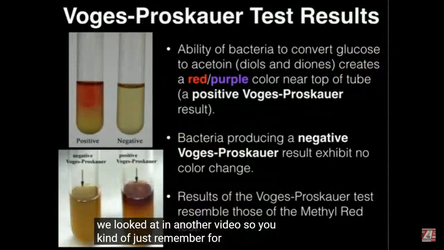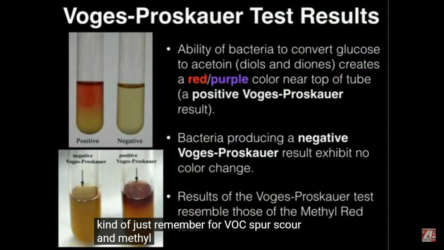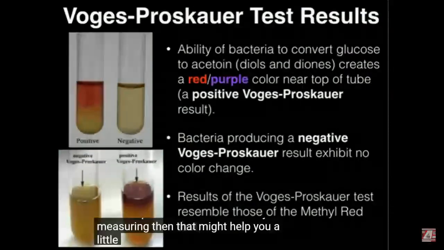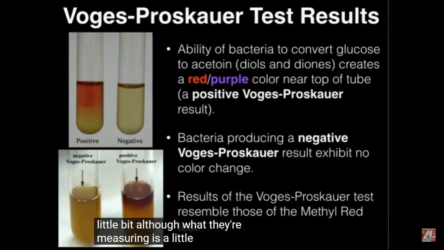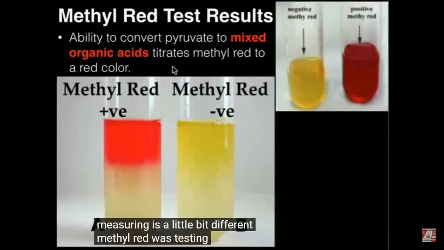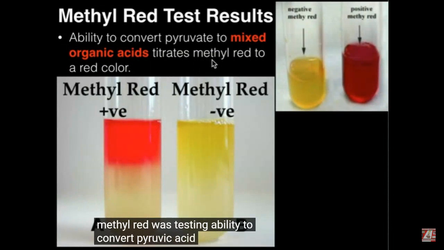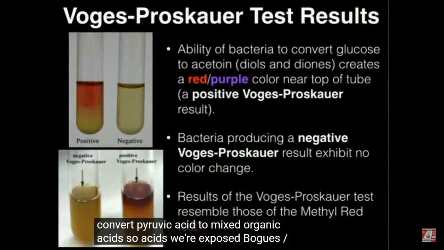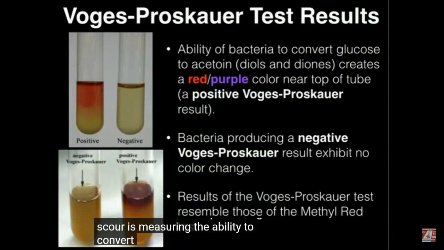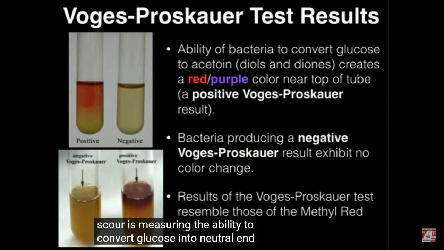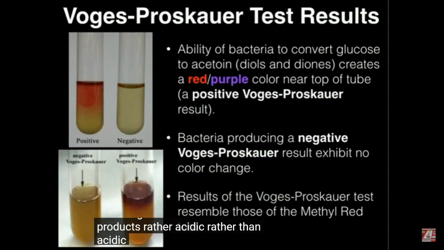So if you just remember for Voges-Proskauer and methyl red, you want to see a red color for positive for whatever they're measuring, then that might help you a little bit. Although what they're measuring is a little different. Methyl red was testing the ability to convert pyruvic acid to mixed organic acids, so acids, whereas Voges-Proskauer is measuring the ability to convert glucose into neutral end products rather than acidic ones.